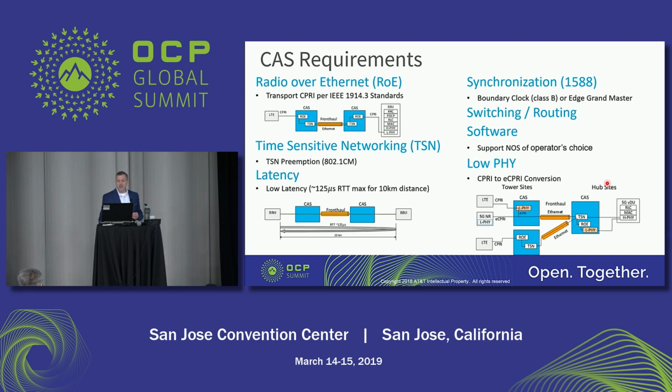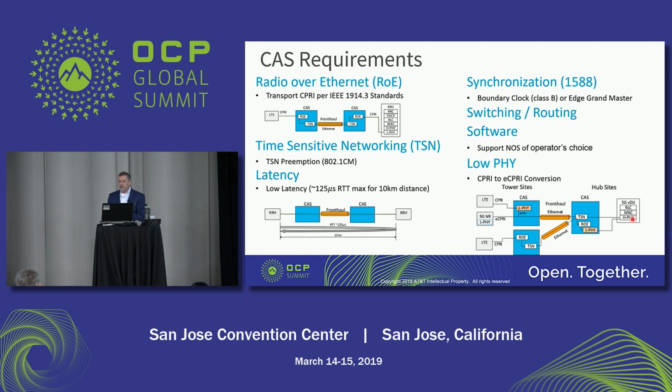So in other words, instead of having at our hub site a 5G BBU as well as a 4G BBU, we simply have that unified single 5G DU in this case, and then the CAS would perform that conversion from CPRI into eCPRI for ingestion into the DU.